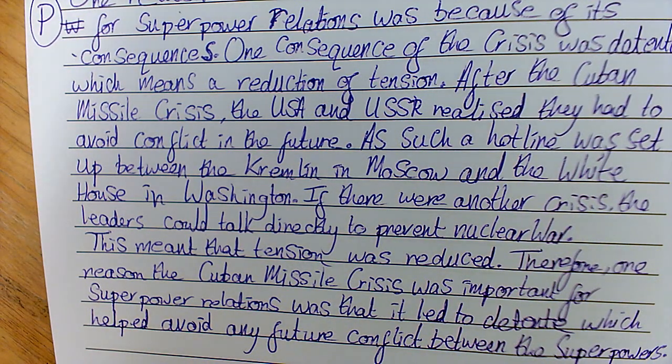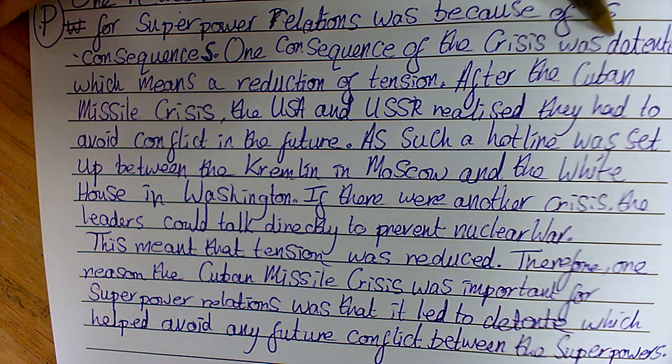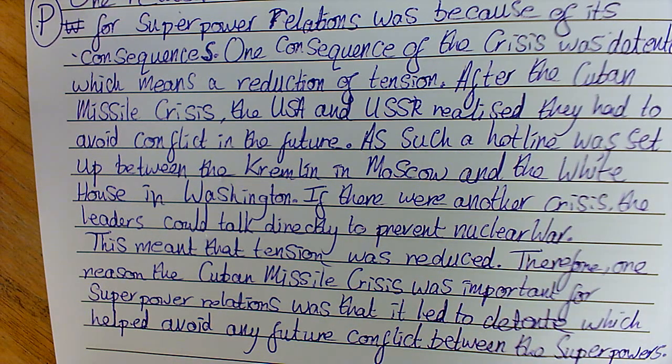So, like I said before, this is just a basic PETE paragraph. I make my point here at the top that the Cuban Missile Crisis is important because of its consequences. And I use the words from the question to prove to the examiner that I am answering the question. I then give quite a lot of detail actually about one consequence, in this case, détente, caused by the hotline that was set up between the USSR and the USA.